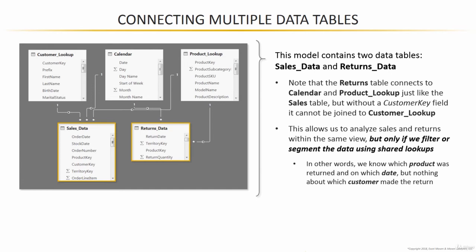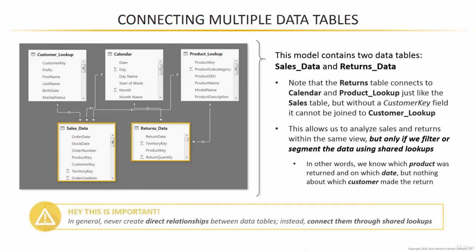And that's because both data tables, sales and returns, have multiple dates in the date field. They have multiple products in the product key field, multiple territories in the territory field, and so on and so forth. So even if we wanted to connect those 2 together, there'd be no way because we have no field that would give us a valid one-to-many relationship.